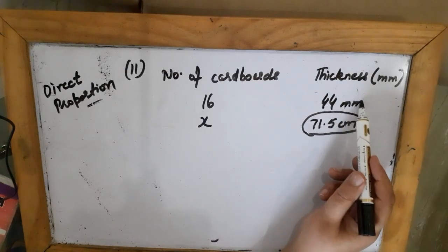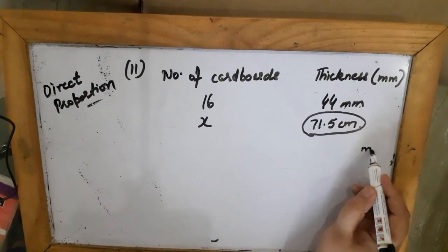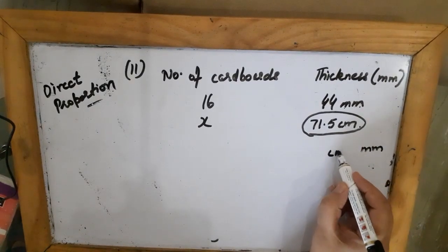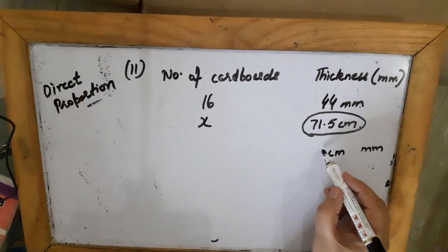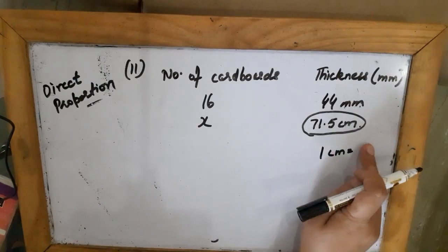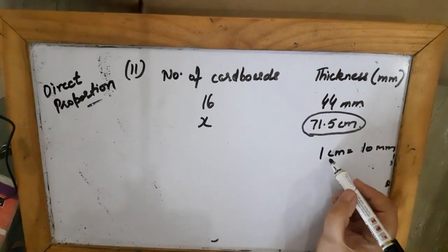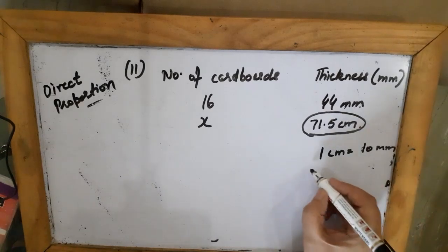It means I have to make the units same. So as I know, you know the table of units, first comes millimeter and then comes centimeter. It means 1 centimeter is equal to how many millimeters? 10 millimeters, right? Centimeters बड़ा होता है, so 1 centimeter is equal to 10 millimeters.